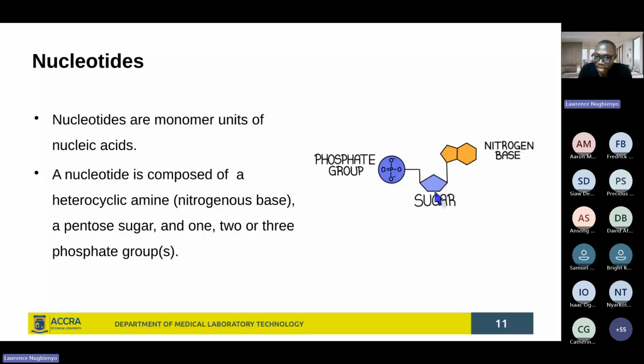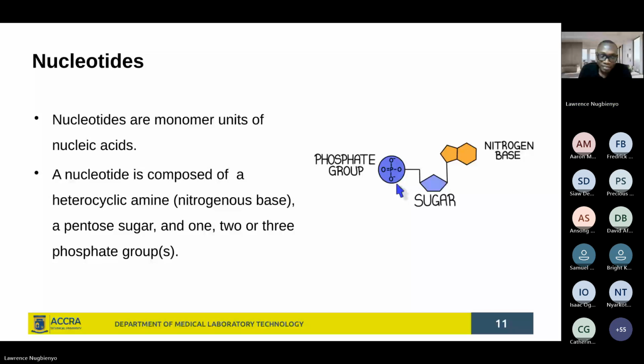And on that sugar, you have a nitrogenous base, and you have a phosphate group. So these are the three components of a nucleotide: the pentose sugar, a nitrogenous base, and a phosphate group. That gives you a nucleotide.